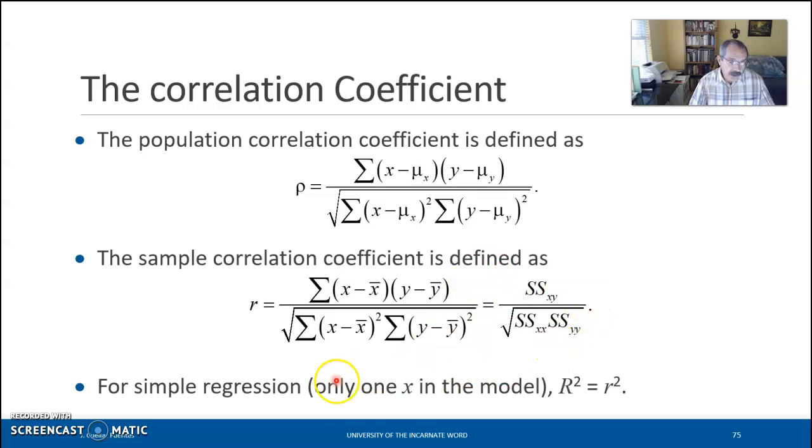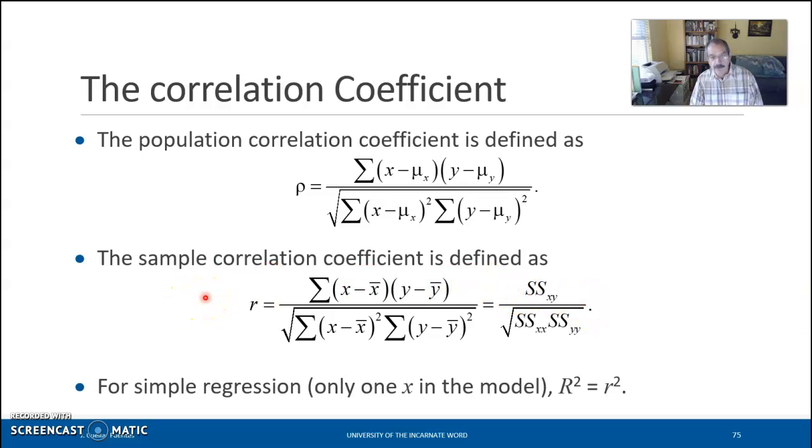One thing to note, I don't like to make too much of this, but the r squared, the coefficient of determination, is equal to the square of the correlation coefficient, but only for simple regression analysis. This equality breaks down as soon as you have more than one x in the model. So again, not something that critical, but you may see it in your book. The main thing is to recognize that this is the equation that we will use to calculate the correlation coefficient.